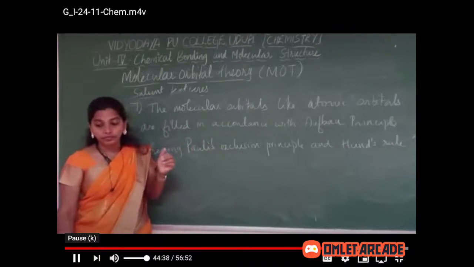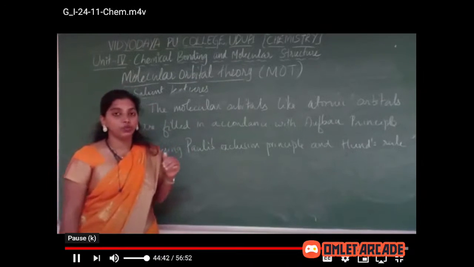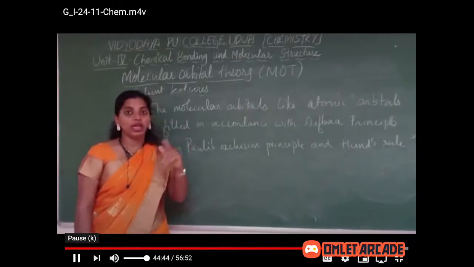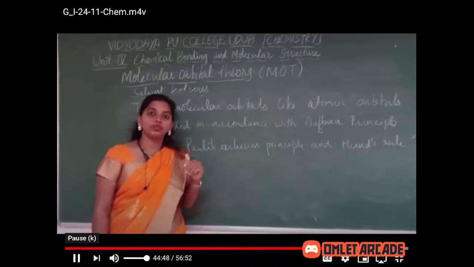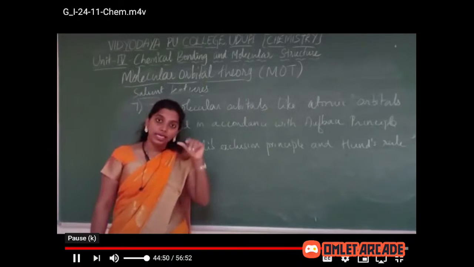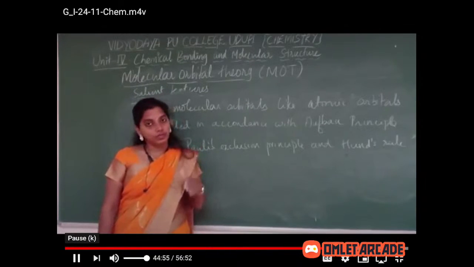Okay. Next one, the electron probability distribution around the nucleus in the atom is given by the atomic orbital, right?